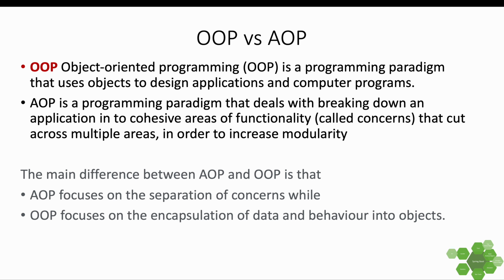So, OOP versus AOP. OOP is a programming paradigm where everything centers around objects in the design of your applications. But AOP is a paradigm that deals with separation of concern, where you break code into separate, distinct areas or distinct functionality.